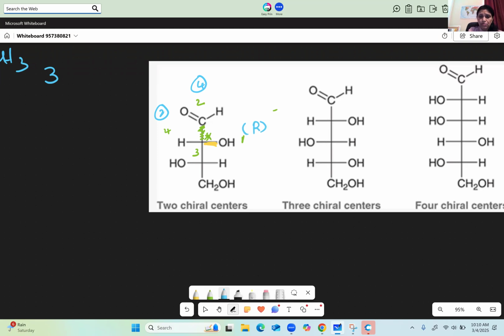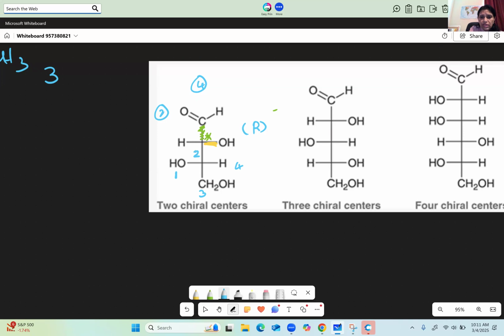So now let's do the same thing for the next carbon. So as not to make it confusing, I'm going to erase those numbers or priorities. 1, 2, 3, 4. Again, look at the priorities here. 1 and 4 are straightforward.